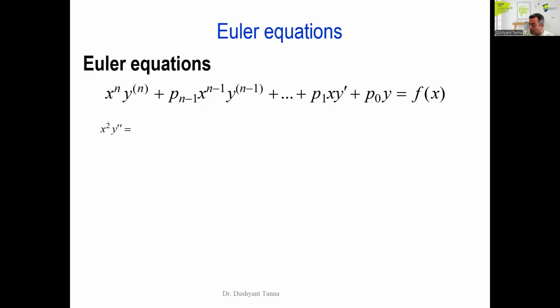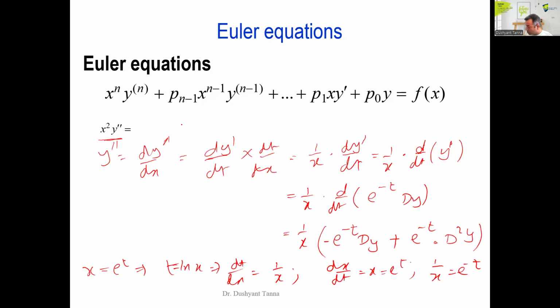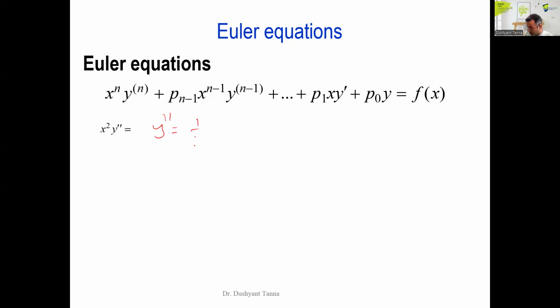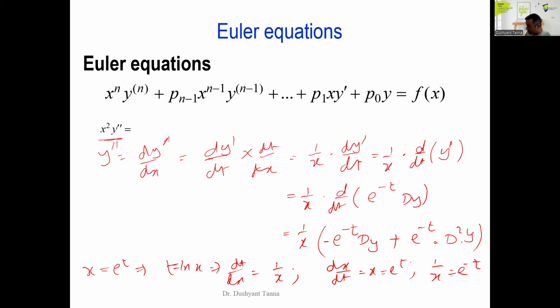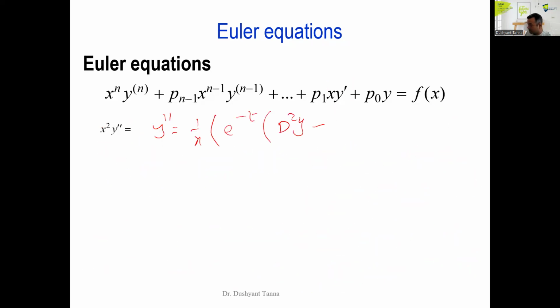Okay, so what will happen to y double dash now? I'll go back to the previous slide. We have 1 over x, we have e power minus t. I just write it big nicely. I write d square y first, and then I'll take care of the minus dy.